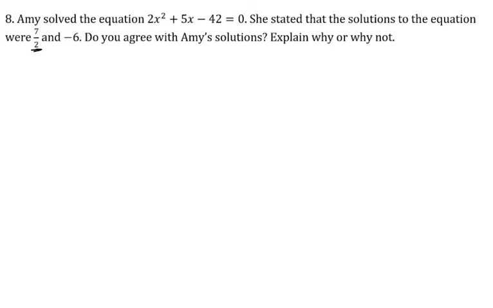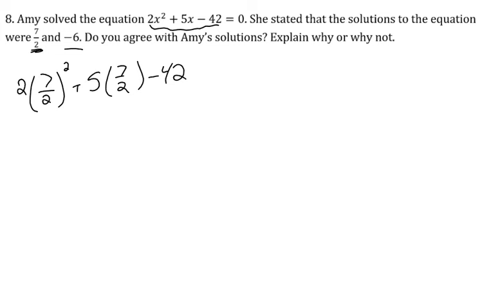So if I substitute in x equals 7 halves and negative 6 into that expression there, I hope it equals 0. So 2 times 7 halves squared plus 5 times 7 halves minus 42. What do I get?